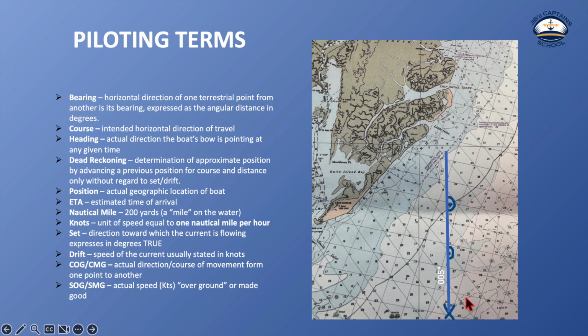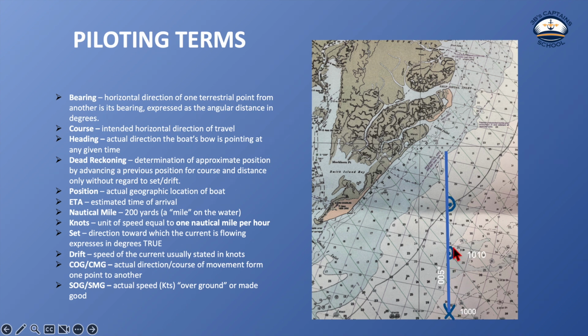So if I took that course and let's say I left at 10 o'clock from this position, and then at 10:10 I wanted to know where I was, I could take my speed in that 10-minute time from 10 to 10:10 and determine how far along this line I should be. That's a time, speed, distance problem.